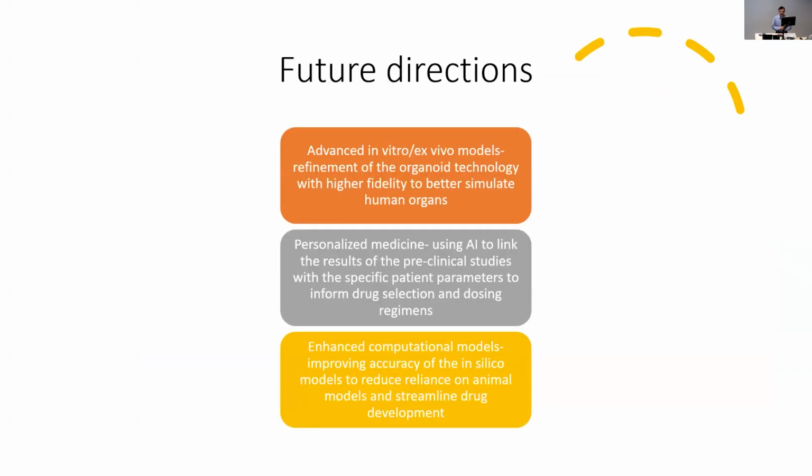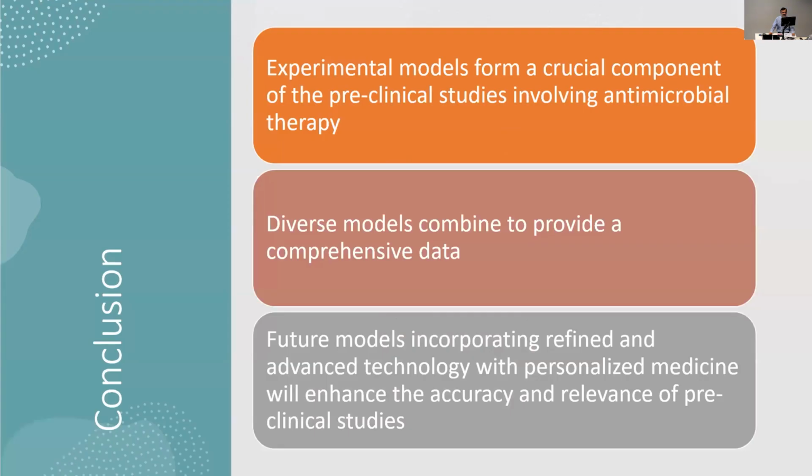In future, I think the advancement of in vitro and ex vivo models would have a better effect on improved fidelity to simulate different human organs. Using AI to personalize medicine using the preclinical study data would be the next level up. And certainly computational models, there is no substitute to that in the future, which I believe would reduce the reliance on animal models.